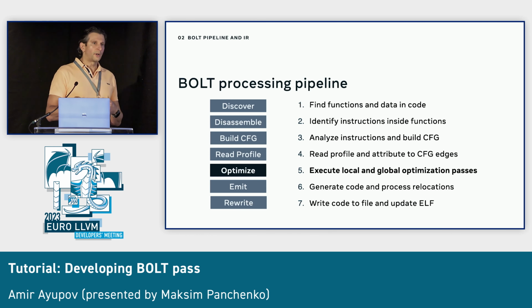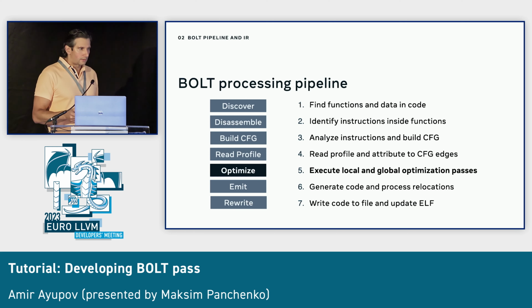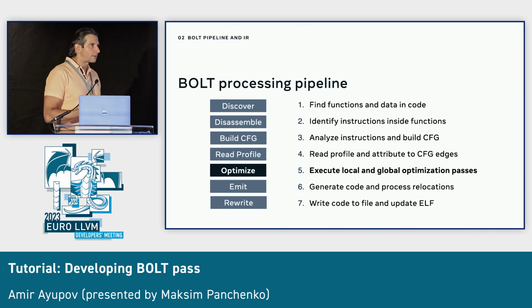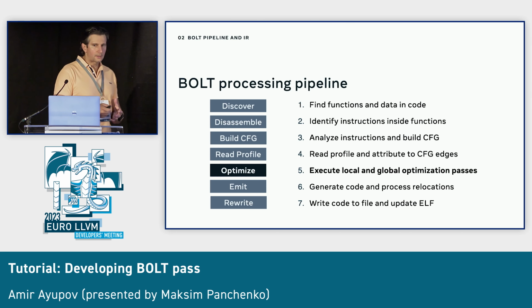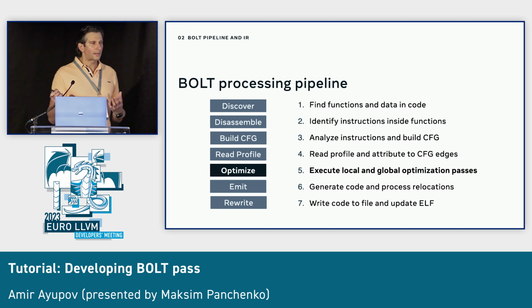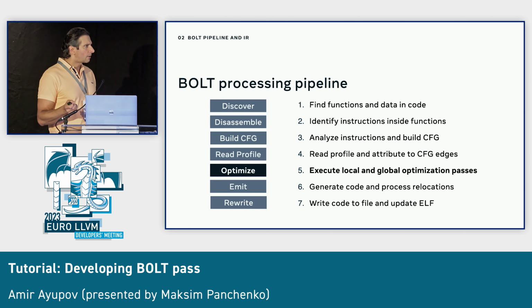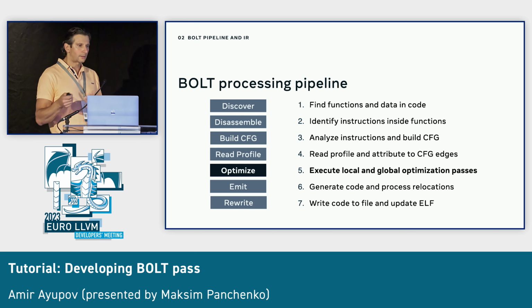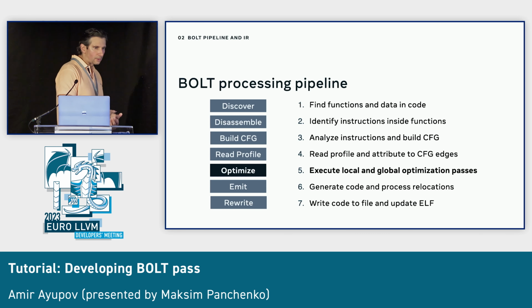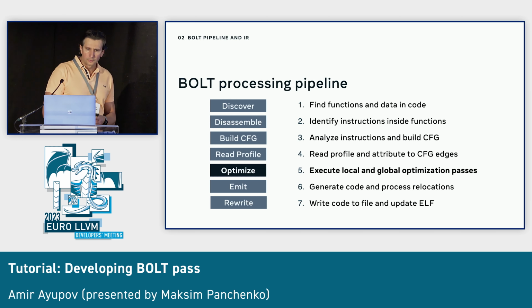So we have to do more analysis and find out branch destinations. For direct branches, it's very trivial. It's a little more tricky for jump tables. But since we're mostly dealing with compiler-generated code, not handwritten code, we rely on several heuristics that work for us in almost 100% of the cases.